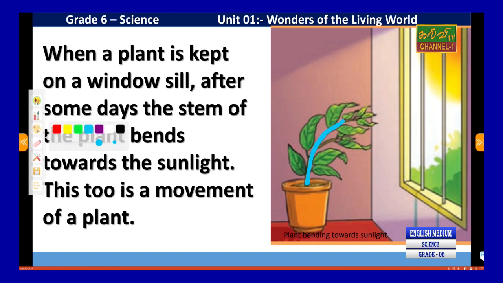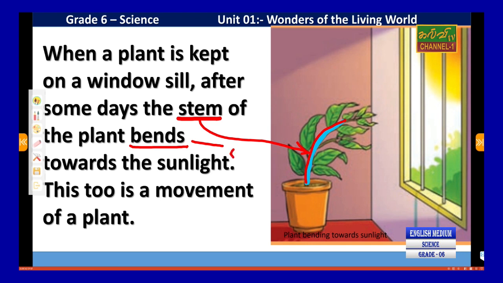Where is the stem? Yes, the word stem is there. I have mentioned it, this is the stem, blue color. The plant bends. Bend means what? Here they show it like a bend. This is straight. This is bent. Now, towards the sunlight.